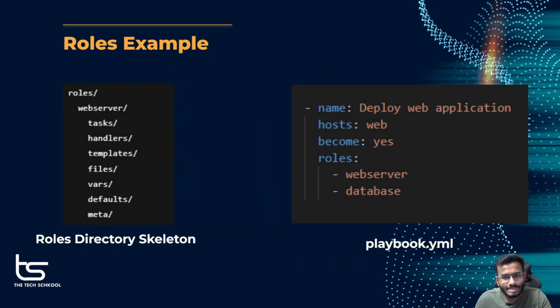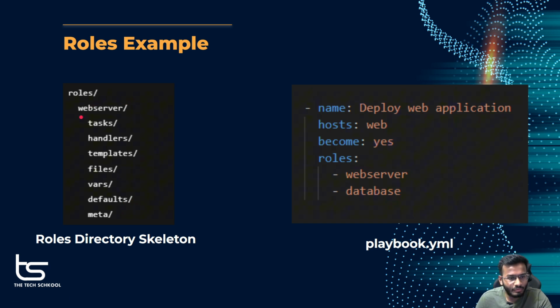So let's dive into an example. You will immediately catch on to what exactly a role is and why it's important to use roles when we have a large project at stake. Here is an example of a file structure of our project directory. Under roles, I have web server, and under web server, everything that we have seen in the previous lecture is present: tasks, handlers, templates, files, variables, defaults, and metadata.